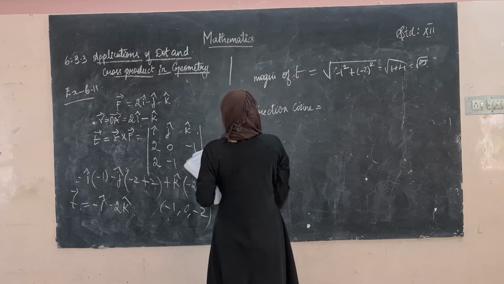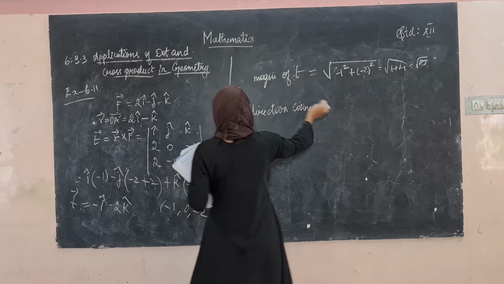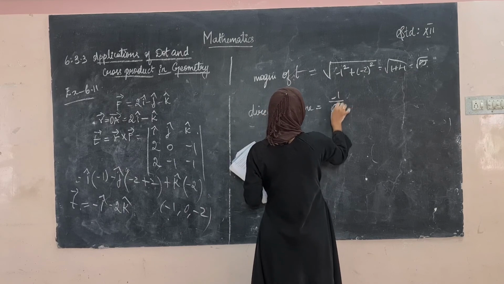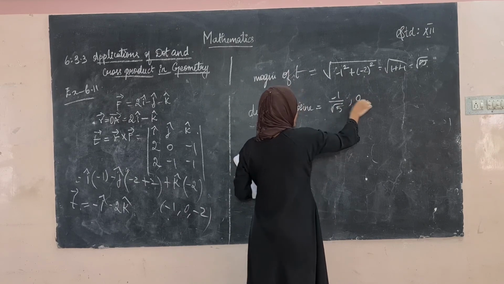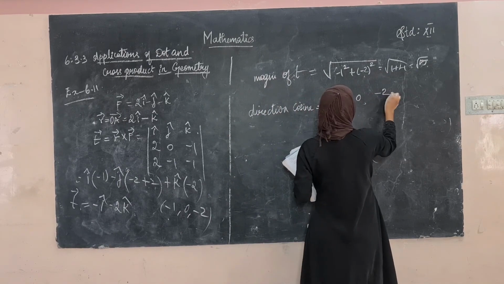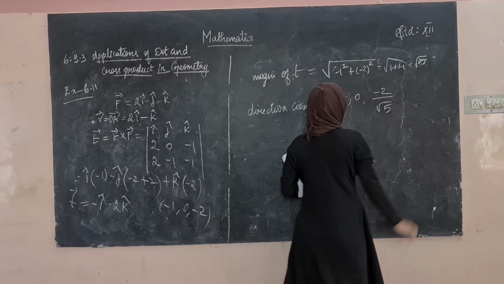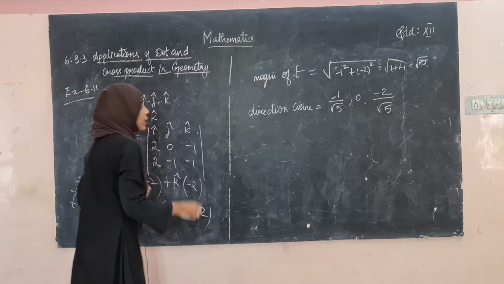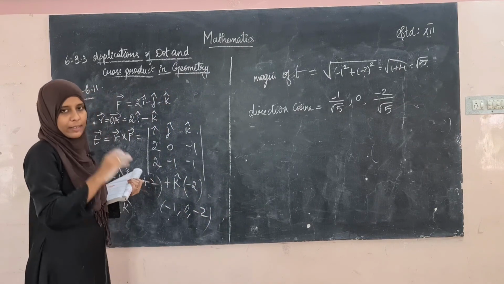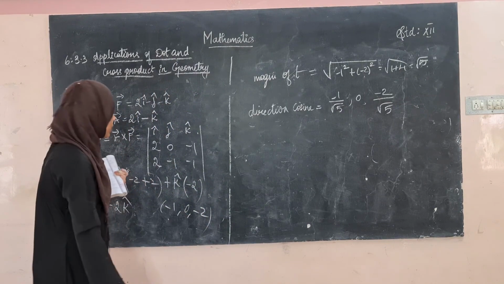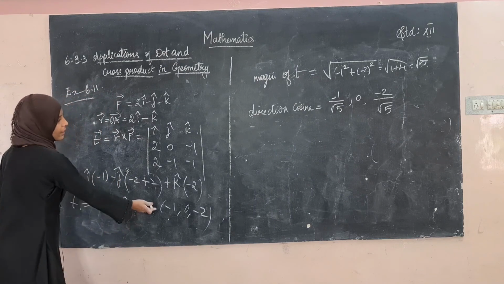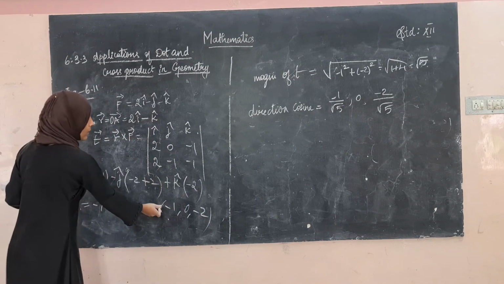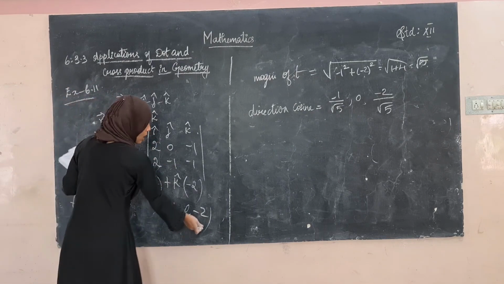Direction cosine is given by the components divided by the magnitude, that is minus 1 by root 5, 0 by root 5 is 0, and then minus 2 by root 5. This is the direction cosine. If they ask us to find the direction alone, then you have to tell the direction of AB vector or DA vector like this. Direction cosine means you have to find the components of the torque, and divide by the magnitude, that is minus 1 by root 5, 0 by root 5 is 0, minus 2 by root 5.